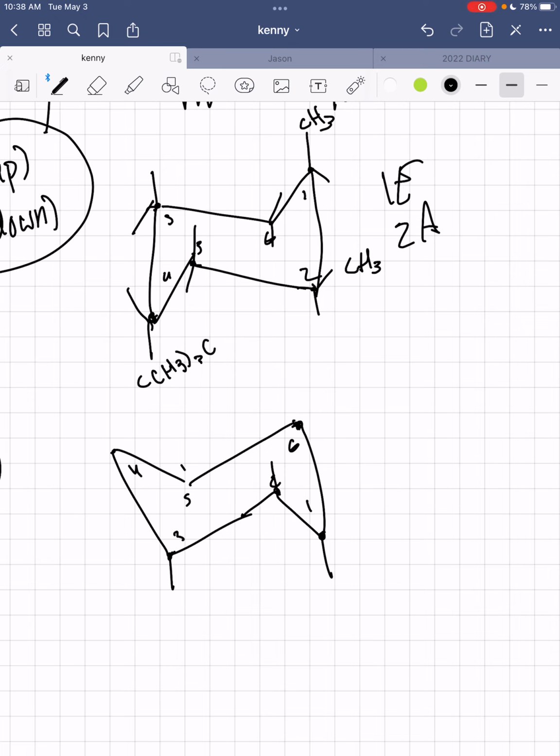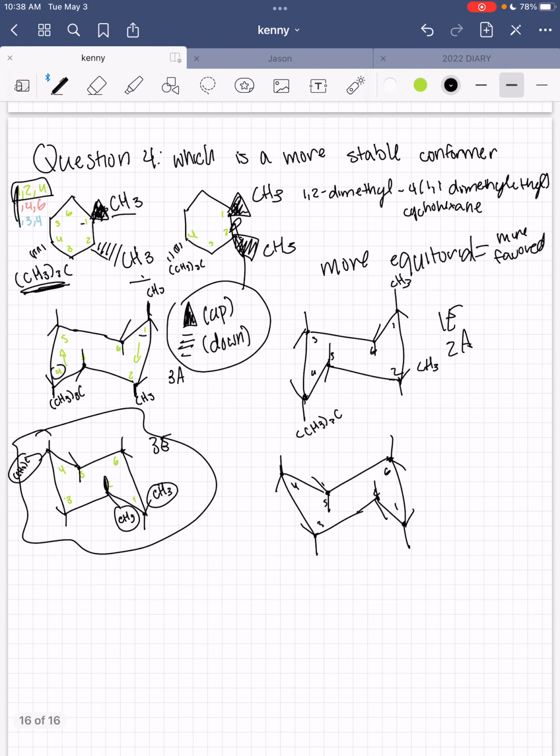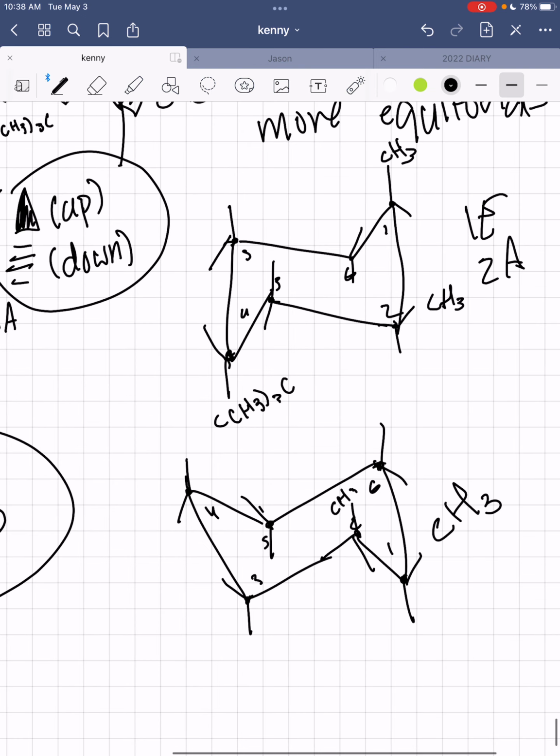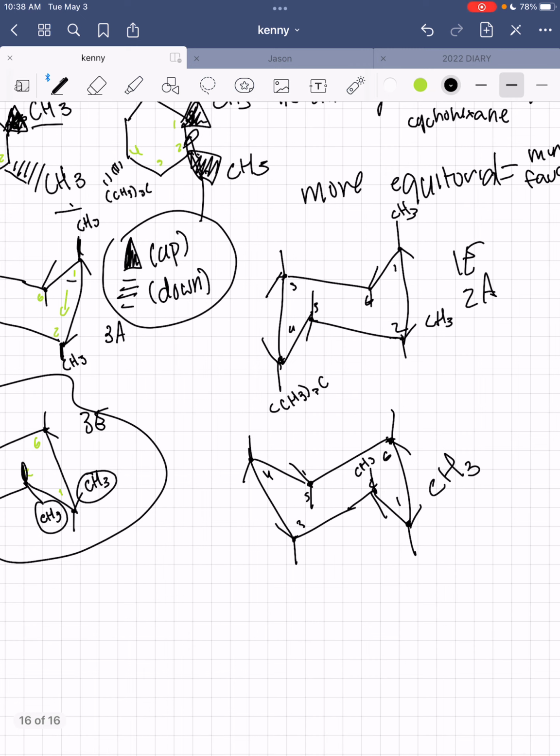So one, it'd be on the up one, so it'd be CH3 there. 2 would be in the up one, so this is 2, so it'd be CH3, and this would be in the down one, so this would be CH3. See? I forgot 3 there.